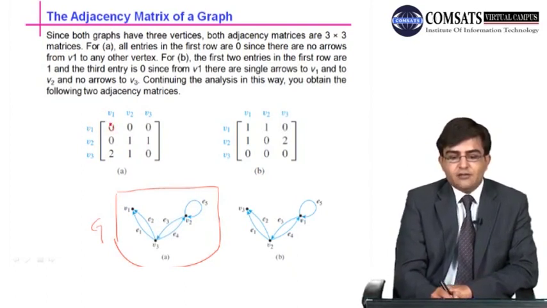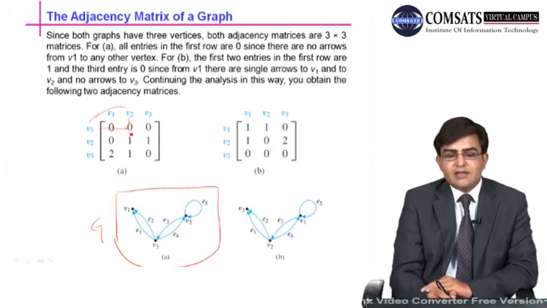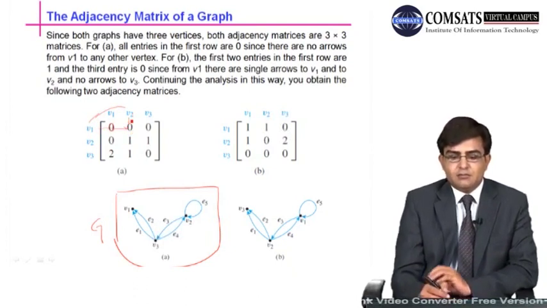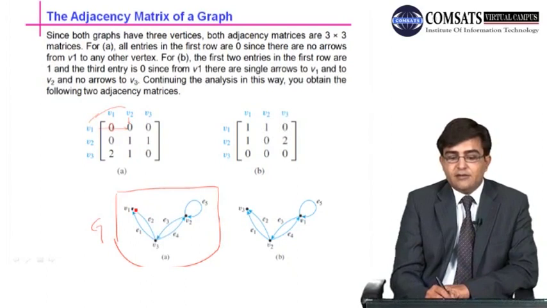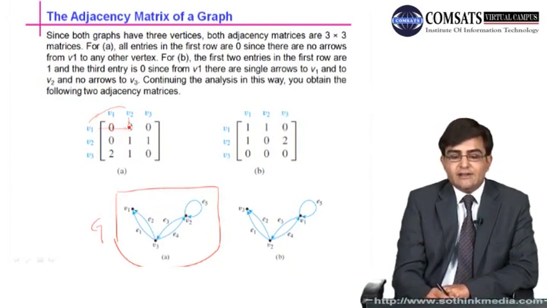Now from v1 to v2, how many arrows are there from v1 to v2? From v1 to v2 there are no arrows, so we write 0.